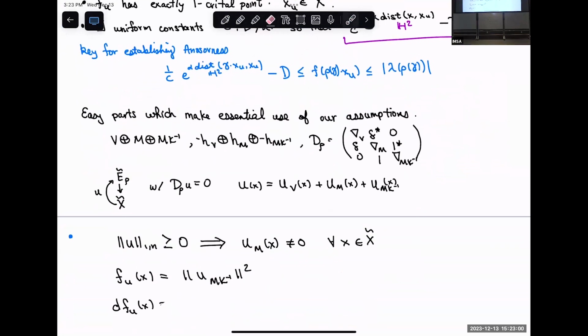And some key properties are, if I assume my vector is non-negative, then since the signature on V is negative and M_K inverse is negative, it means that the projection onto the middle piece is nowhere vanishing. Because the norm is supposed to be positive or non-negative, and if its projection onto the middle piece was 0, then it would definitely have to be negative.